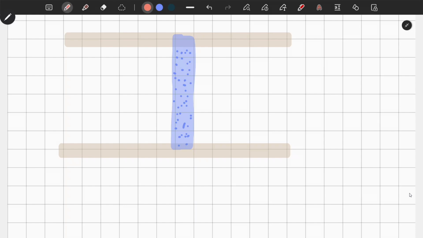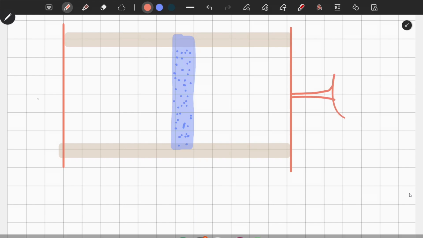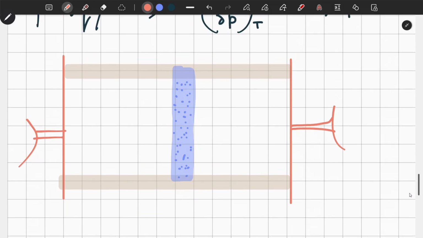Porous means semi-permeable. This is a piston-like thing. Here is also one. Two gases are there, here is one gas, the same gas, both are the same gas. We are measuring the temperature.